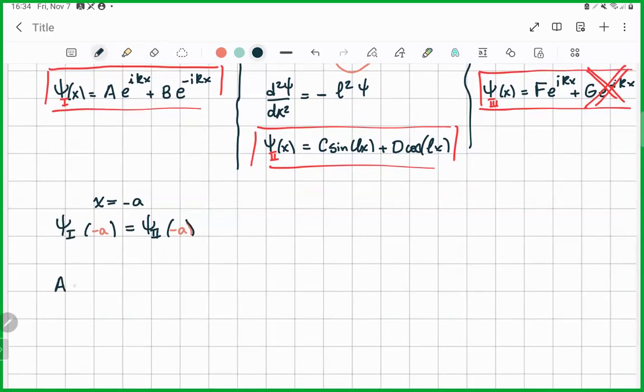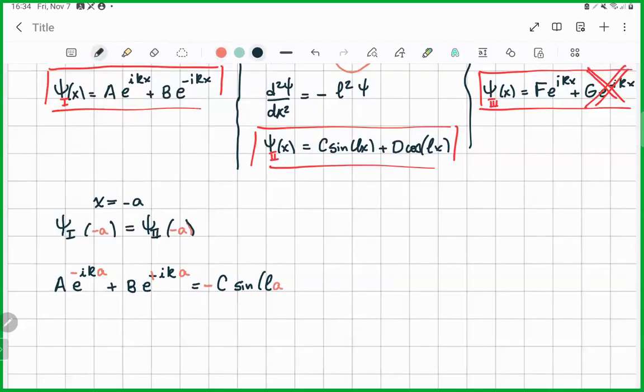So I put a exponential of ik times minus A, plus b exponential of minus ik times minus A, so this becomes plus, equal to c sine of L times minus A. Now, the sine of minus theta is minus the sine of theta.